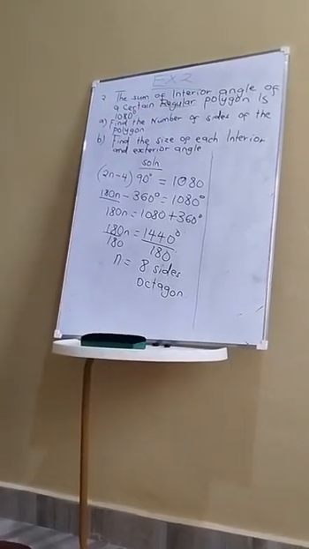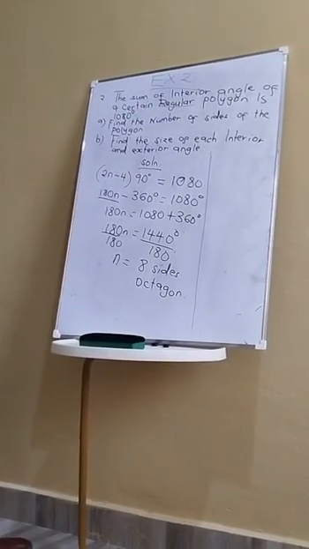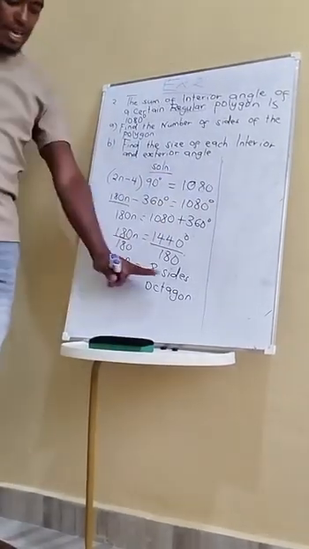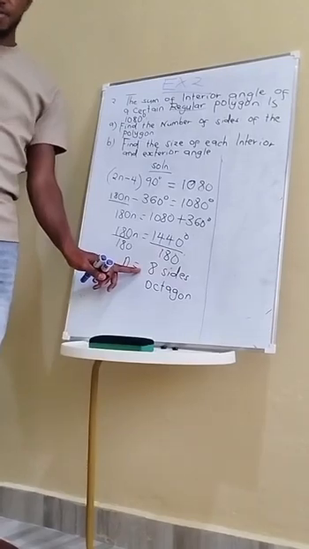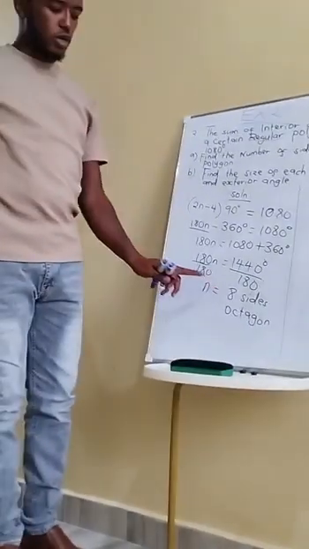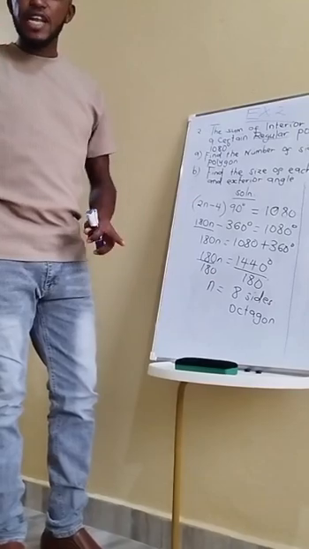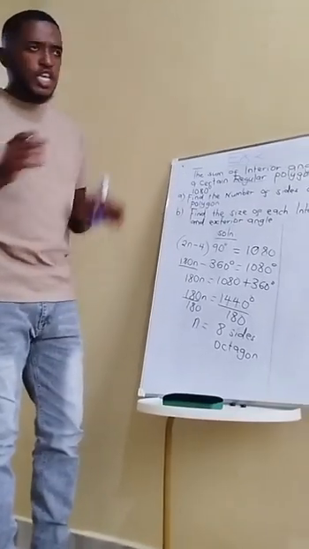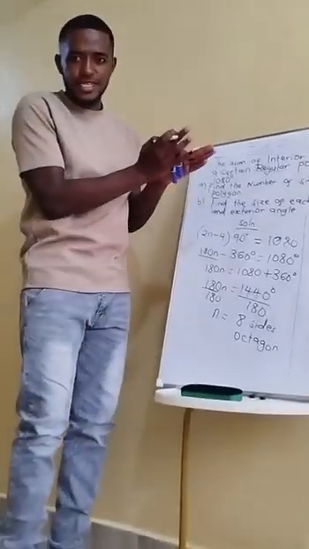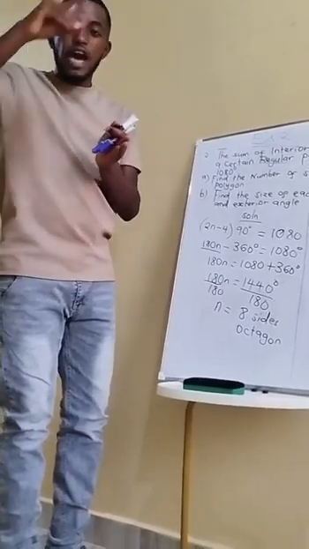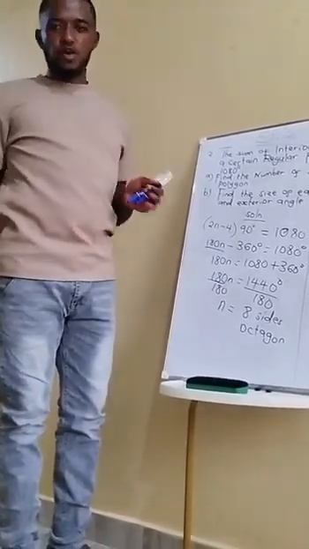Now, to get the interior angle is very easy because we know that the sum of interior angles is 1080 and the number of sides is 8. Remember, in our previous lesson, we said that the number of sides is equivalent to the number of interior angles. If a polygon has 5 sides, therefore, it has 5 interior angles and also 5 exterior angles.